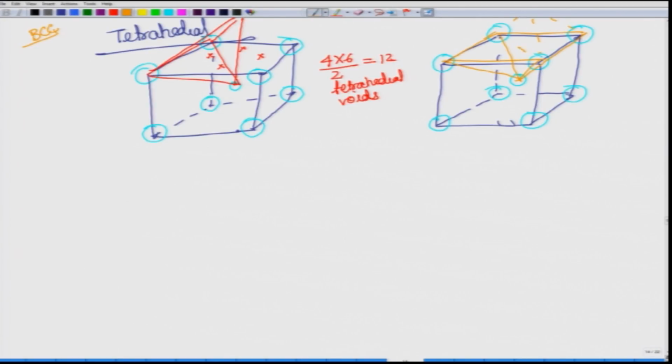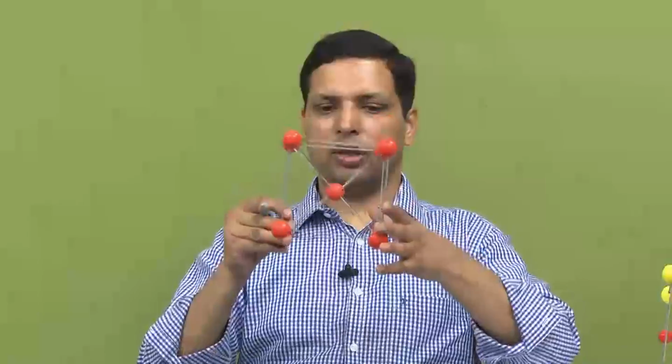So, there is one over here. So, there is one octahedral void over here. Now, try to identify if there are any more octahedral voids over here. Can you identify? Either you can look in the diagram, or let us again come back to this BCC model.